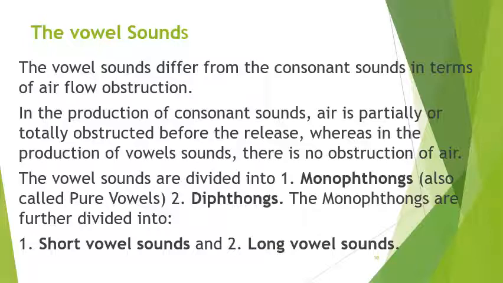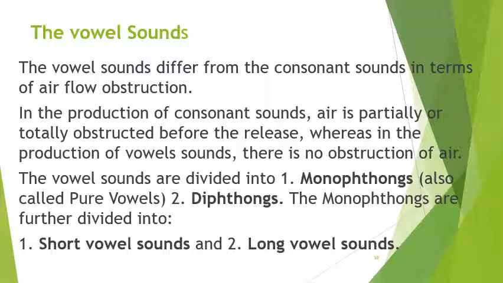For you to produce any sound, you should get air from your lungs to the glottis, then to other speech organs before you pronounce the sound. In the course of producing consonant sounds, there is obstruction of air at different places. With bilabials you have complete blockage, with alveolars partial blockage, and with velars also partial blockage.